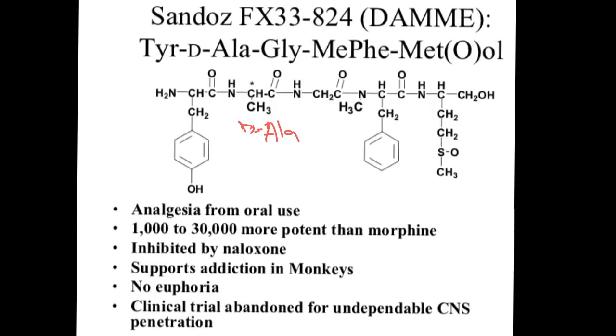Okay, so D-alanine. This is actually D-alanine, not glycine, but it's alanine now because it has a methyl group attached. This actually increases enzyme resistance. Here is your next glycine group.